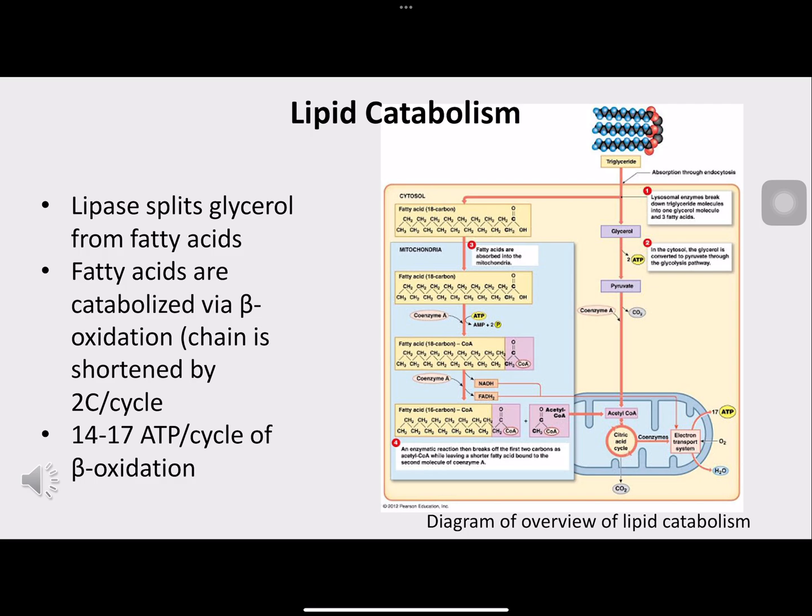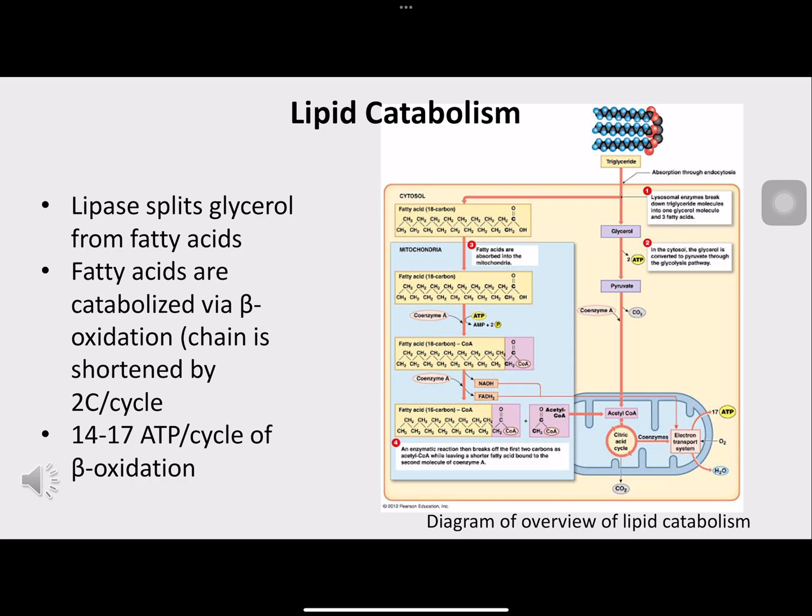And to that little 2 carbon bit, we're going to add coenzyme A. We're going to also add that to the remaining 16 carbon fatty acid.